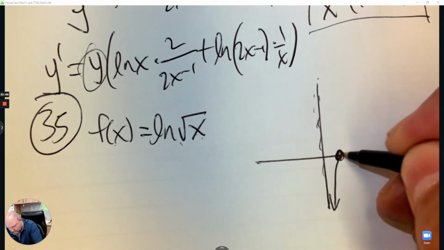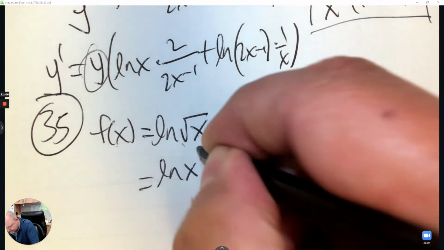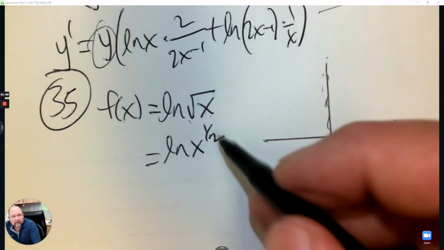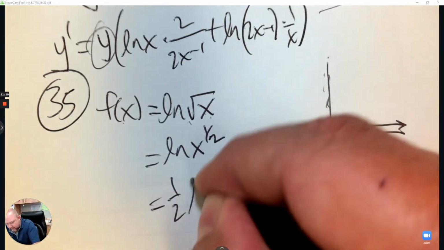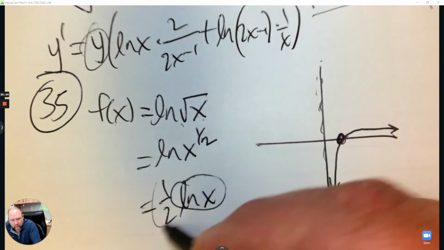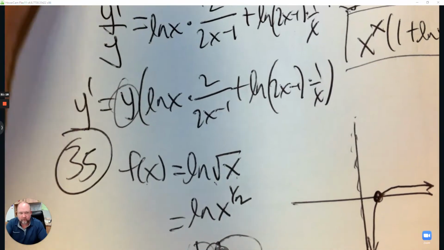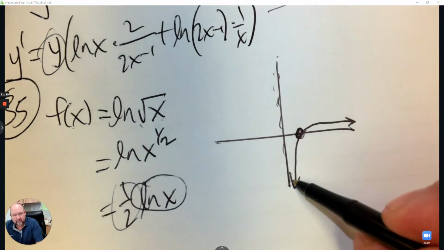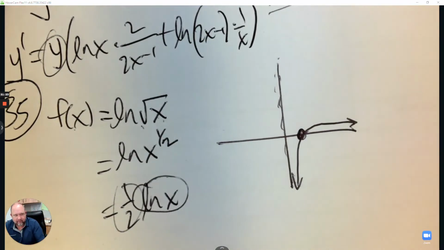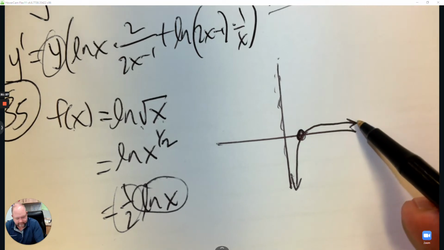The square root is just going to do this. What's going to happen is this. This is that, and then if you write it, you can write the 1/2 in front. So it's ultimately the same as ln x. With the 1/2 just makes it like squashed. It's a vertical compression. So it's skinnier. It's closer to the x-axis.